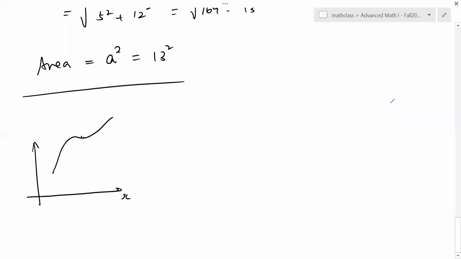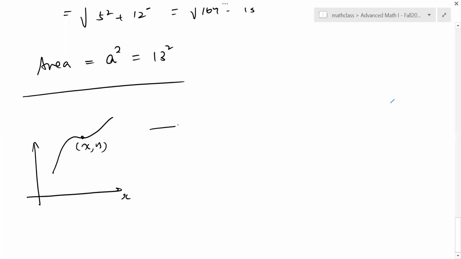Okay, if x and y are the coordinates of an arbitrary point, this curve can be described by a relationship between x and y.